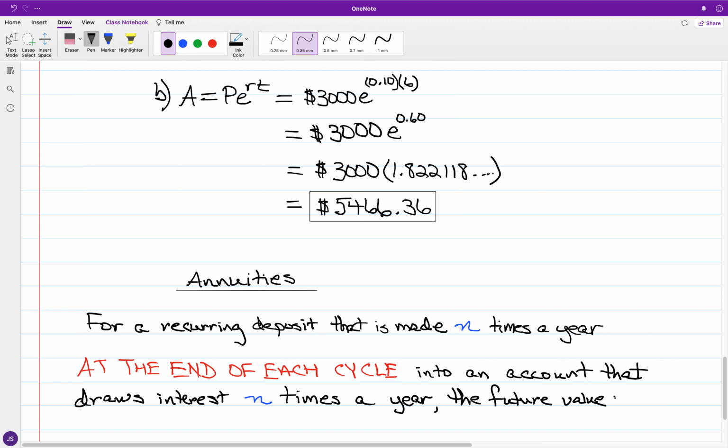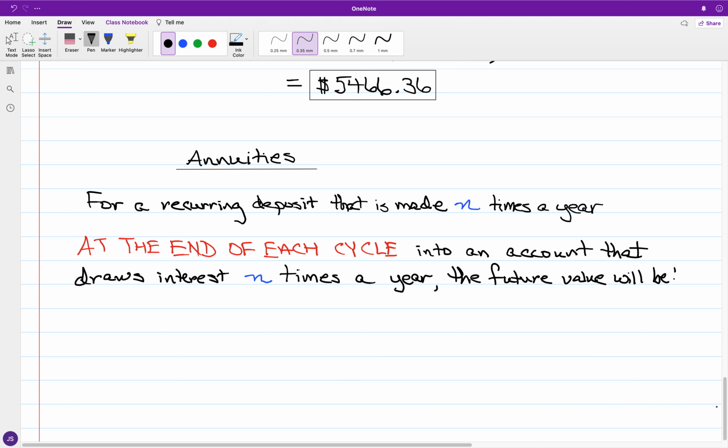Okay, so for the future value, what's going to be referred to as the annuity formula, it's going with the conservative side of things because you don't want to overestimate, so to speak. So in the case of annuities, you have the future value A equal to P, the recurring deposited amount, times the quantity of 1 plus r over n.